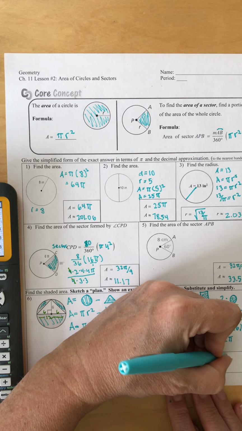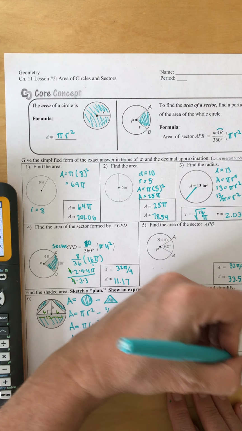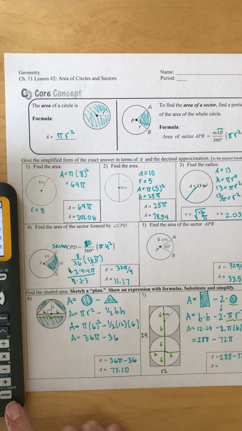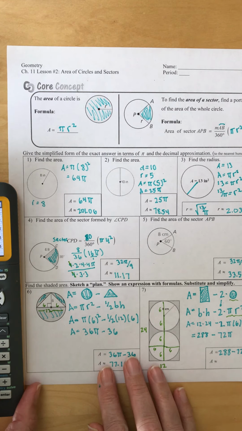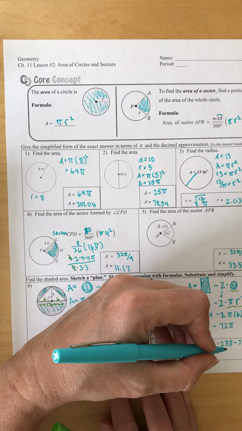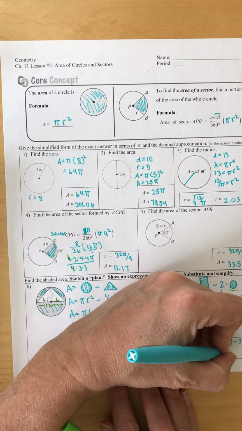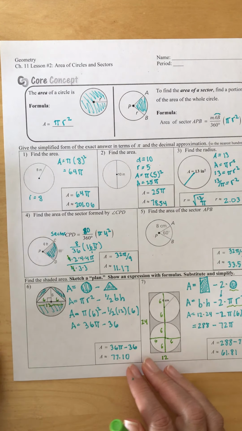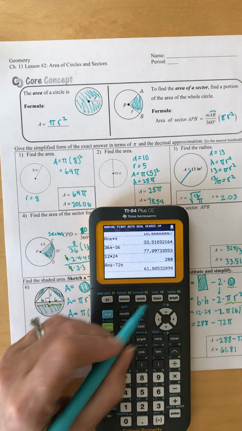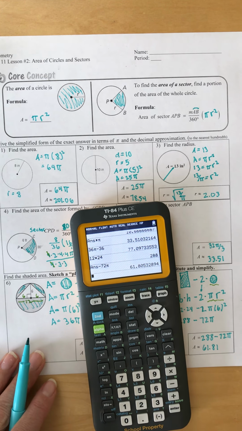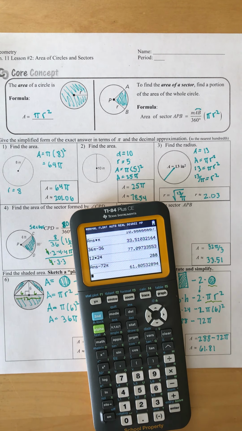So that is the exact form of the answer, and then the decimal approximation is 61.81. That's the decimal I got, and that 5 bumps that 0 up to 0.1.